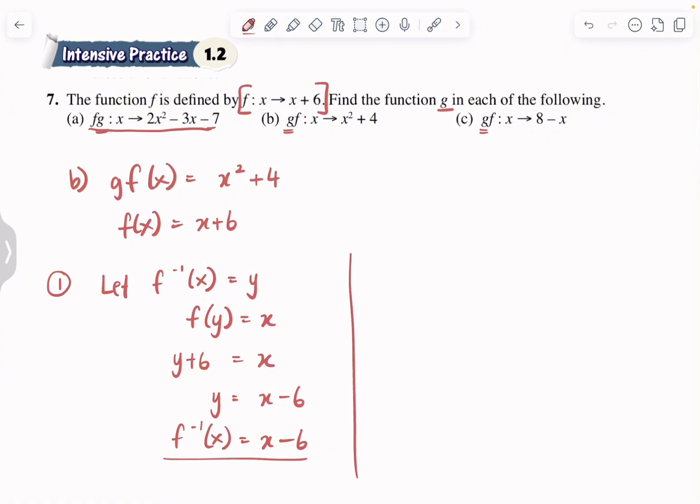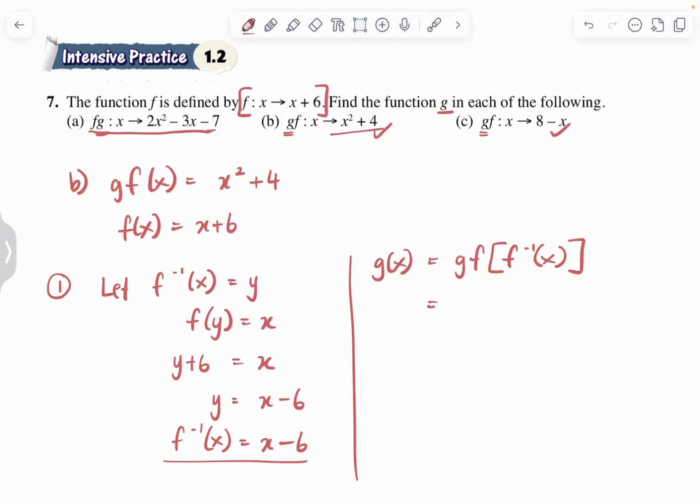Okay, now that we have f inverse(x), we can go ahead and find the g(x) for both of these. What we have to do is g(x) is g(f(f inverse(x))). You want to find g(x), you have to put the f inverse into the g(f).